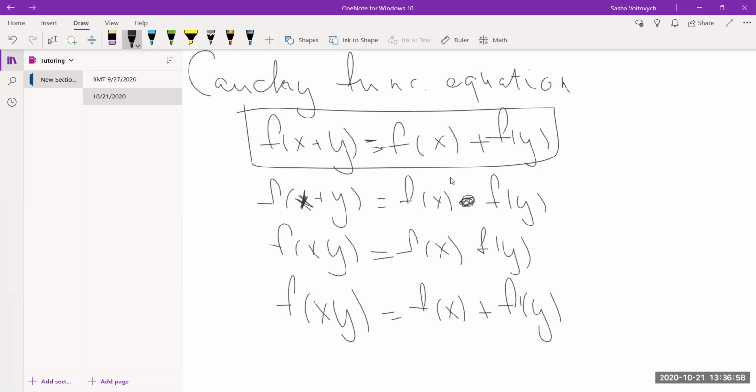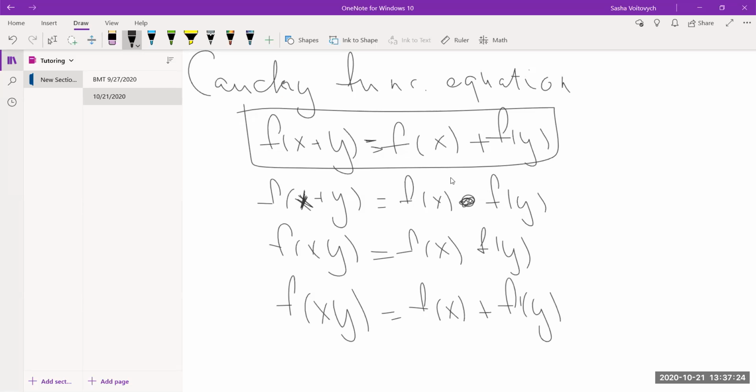The moral of the story is that this functional equation cannot be solved as is. You cannot show, for example, that f is continuous. There are a lot of families of discontinuous functions that satisfy this equation, and they look very weird.